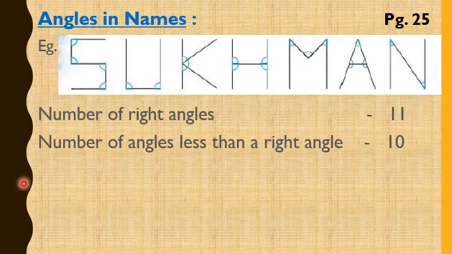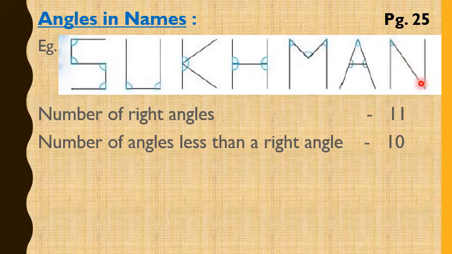Now we will count the number of angles less than a right angle. 1, 2, 3, 4, 5, 6, 7, 8, 9 and 10.